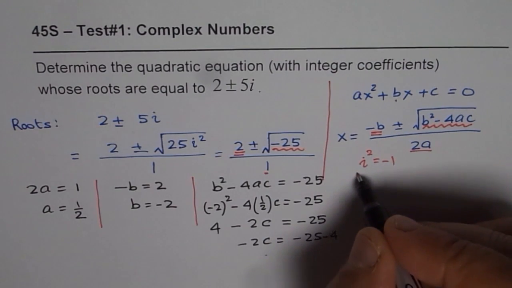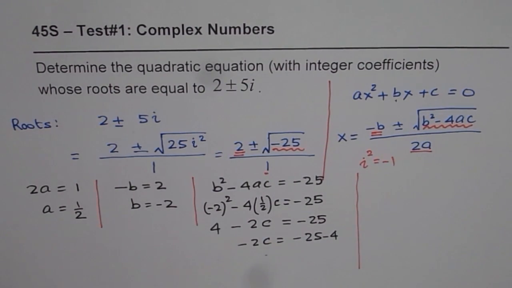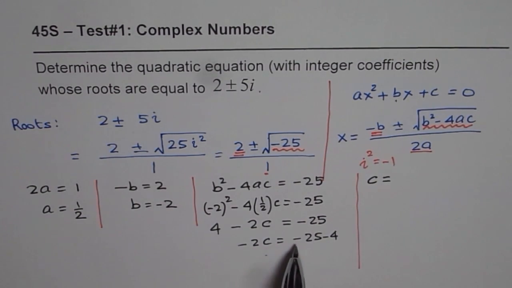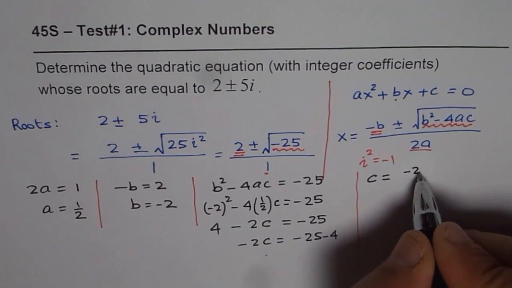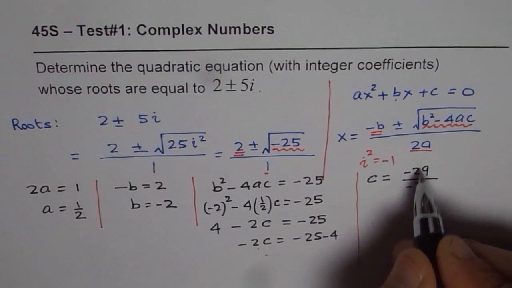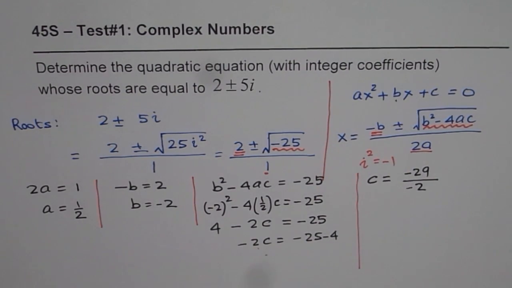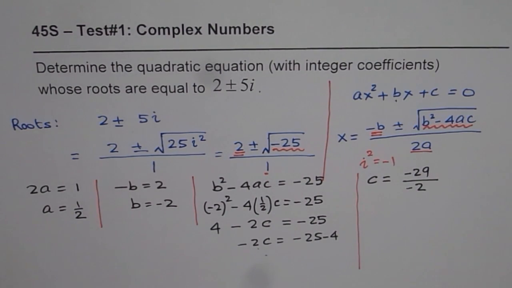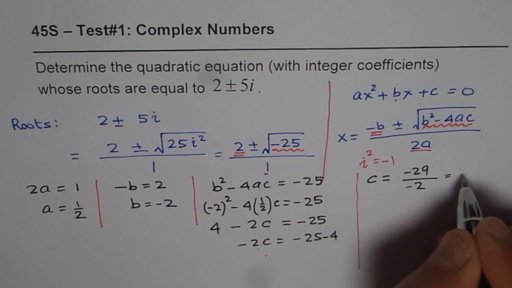So we can write c equals minus 25 minus 4, which is minus 29, divided by minus 2. So that is the value of c. Now once you get the value of c, you know what a, b and c are, correct? So let me highlight all the things which we found. Let me write this as 29 over 2.